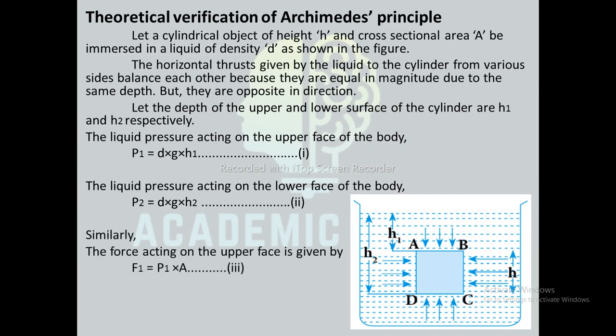Similarly, the force acting on the upper face is given by F1 equals P1 into A. Since pressure equals force by area, doing cross multiplication we get force equals pressure into area. Similarly, the force acting on the lower face, F2, equals P2 into A.